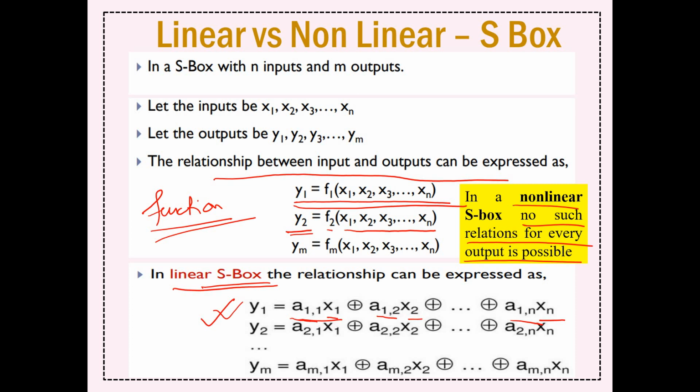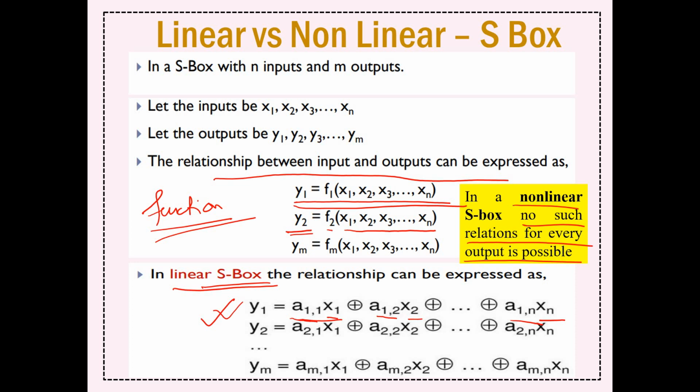So for a linear S box, what is the role? If you go back a little while, when we were discussing the combination or the permutation box, P box, the basic logic was that the input and the output should be mapped. Now we are discussing in a way where the analytical skills come in, where we are introducing some kind of function that relates the output to the input.